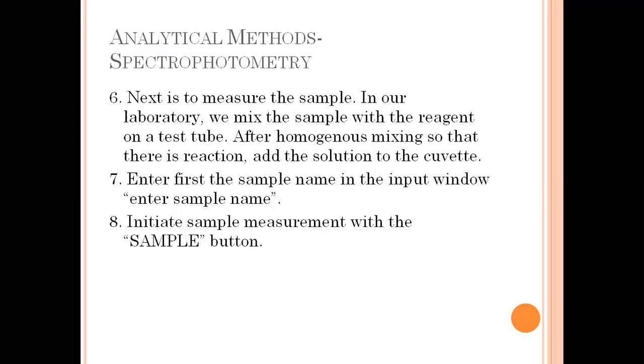We have to make another blank measurement before you can proceed with the sample measurement. So, for a blank, press the blank button. For a sample, where you have added your classmate's serum or your patient's, press the sample button. But before pressing the sample button, you first have to enter the sample name.